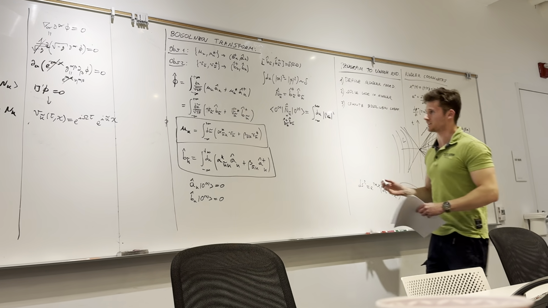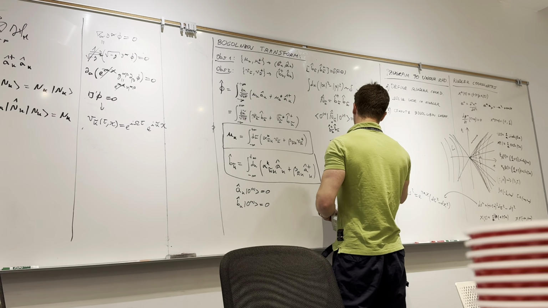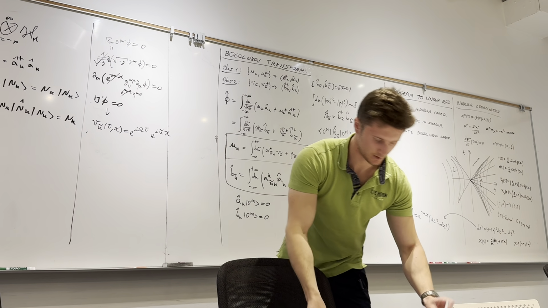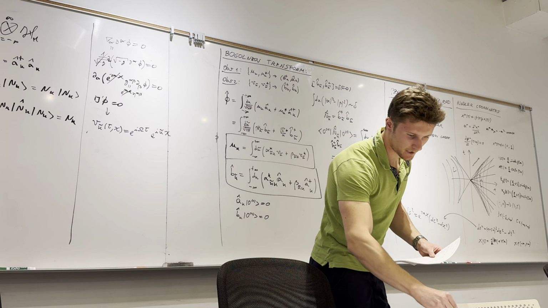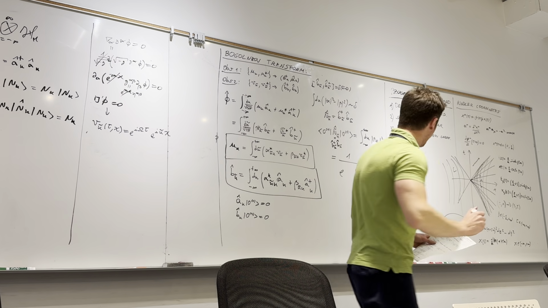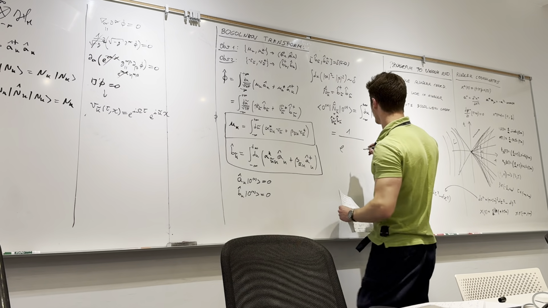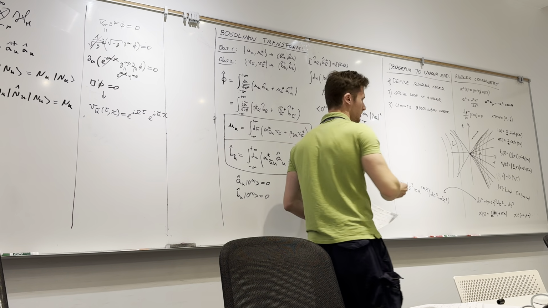What we will get out of it is basically that this is going to be, I want to put the 2 pi correct. What you will get is that, okay, in principle you will get a divergent, a UV divergence here.